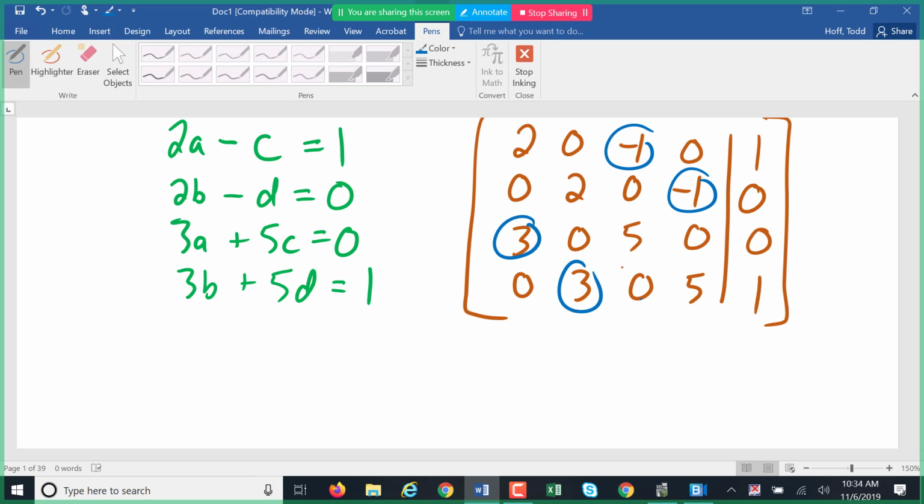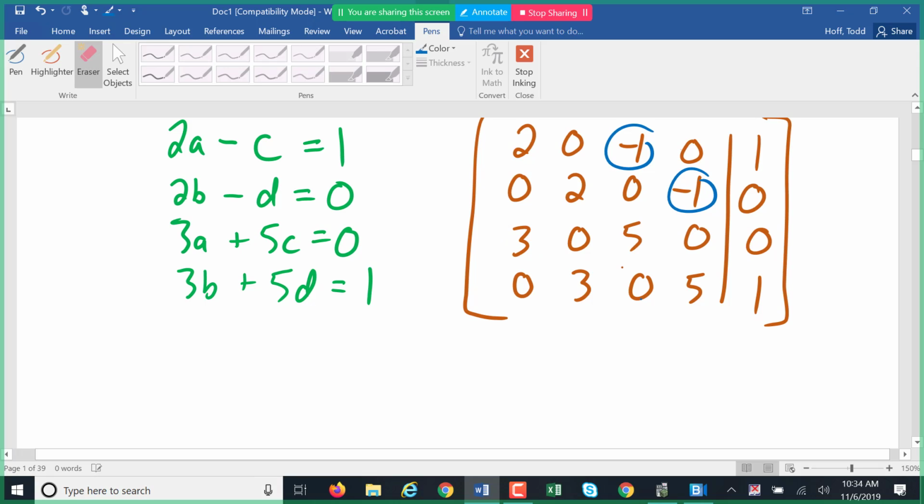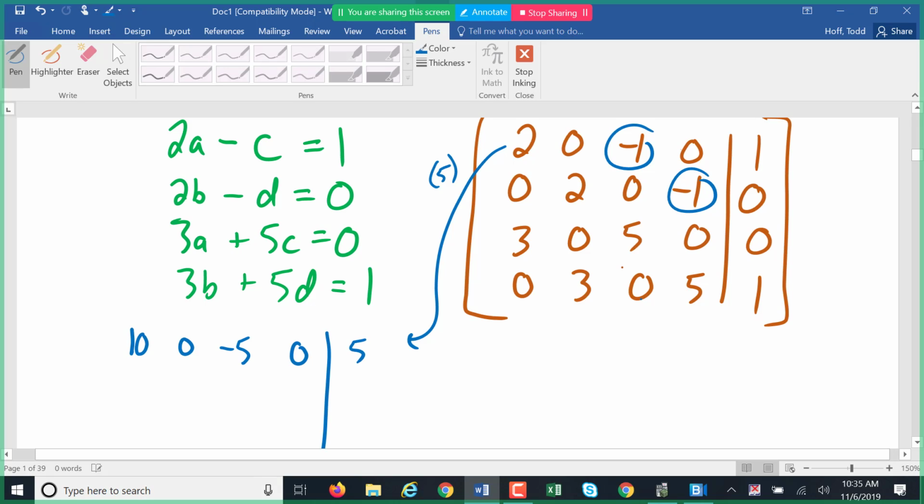So let's look at, I'm going to combine row 1 with column 3. Not necessarily in the way you might expect me to. I'm going to take row 1 times 5, which will give me 10, 0, -5, 0, augmented with a 5.